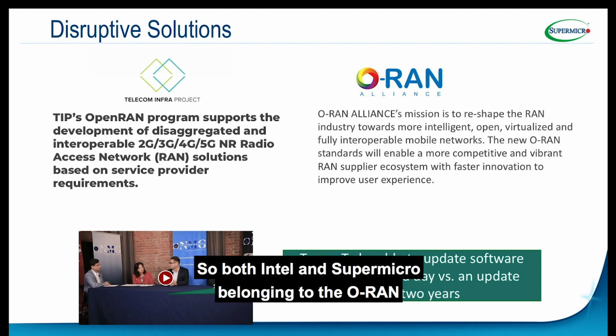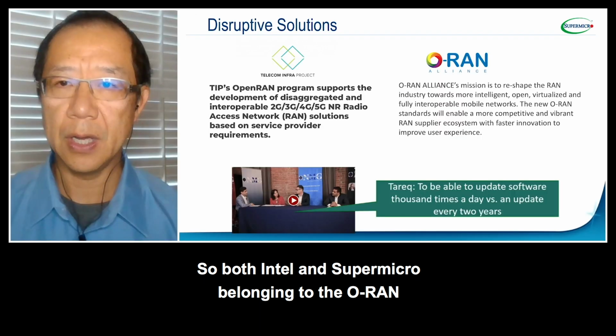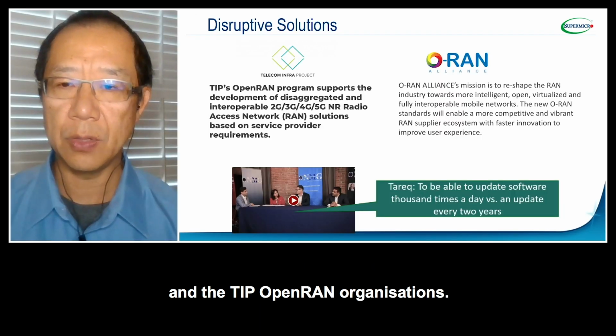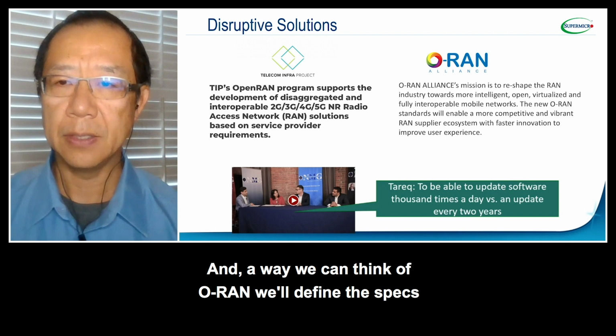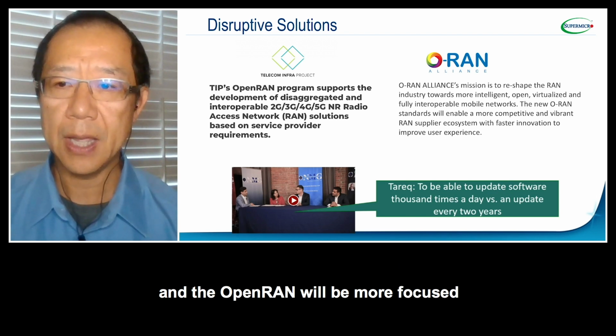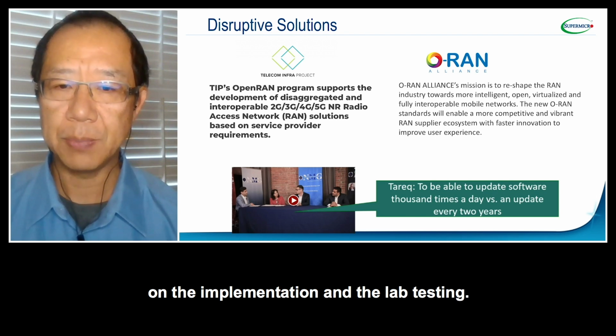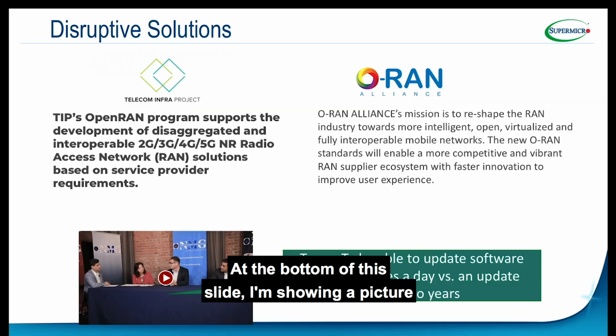So both Intel and Supermicro belong to the ORAN and the TIP OpenRAN organizations. And in a way, we can think of ORAN as defining the specs, and OpenRAN as more focused on implementation and lab testing.